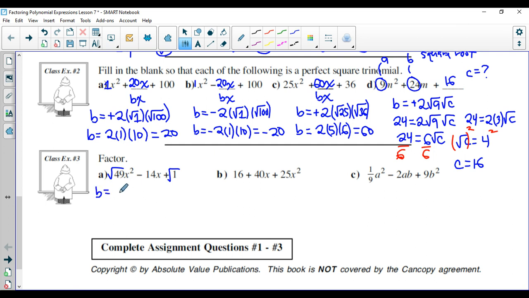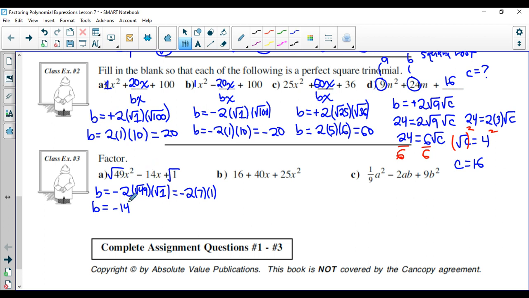The second test is, let's do the b test. Okay, so b would be equal to, there's a negative in front of the b, so negative 2, and then multiply by the square root of 49, multiply by the square root of 1. So this would be negative 2 times 7, multiplied by 1, and that would tell me the value of b is negative 14.